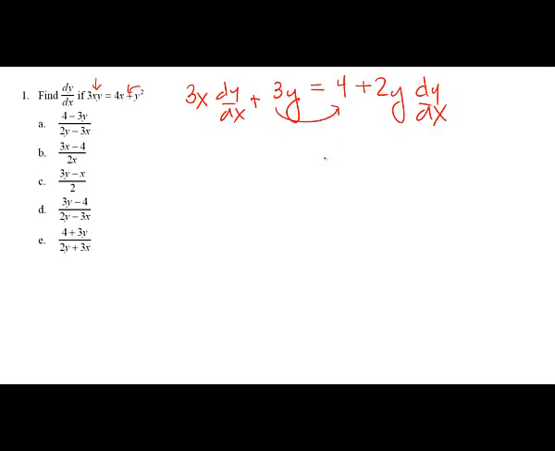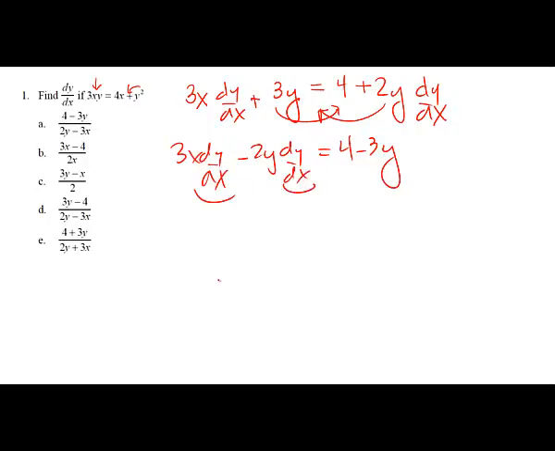So how do we move the 3y over? Subtract it. And then how do I move the 2y dy/dx over? Subtract it again. So dy/dx minus 2y dy/dx. All right, what can I do with this dy/dx? Take it out of it, better known as factoring.